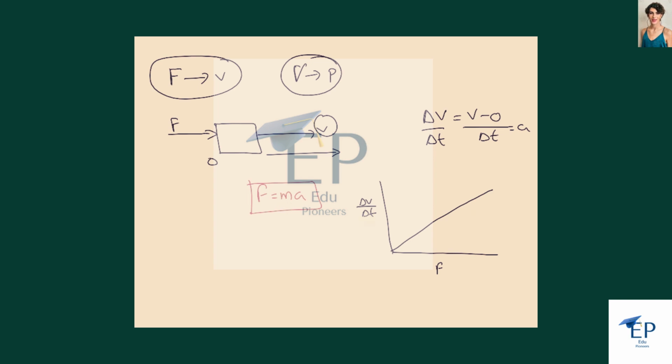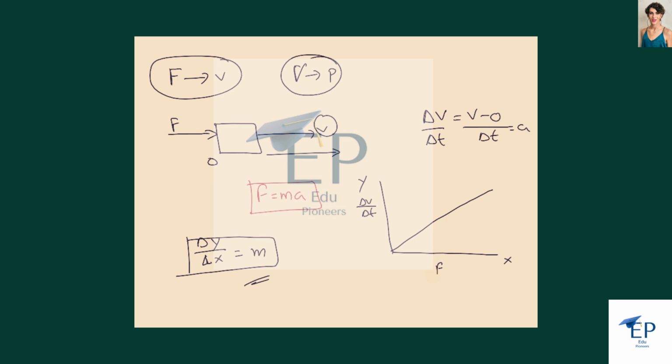Slope is the ratio of the y axis with respect to the x axis, which is delta y by delta x, and that will be equal to m, sorry, that is a constant. So the m value will be equal to the slope of this line. So depending upon the mass, the acceleration will prevail for the applied force.